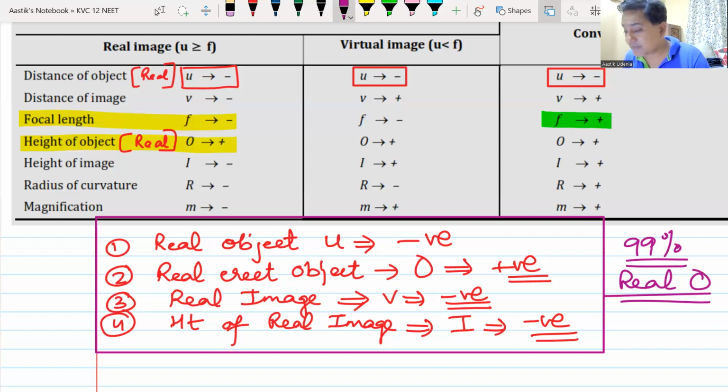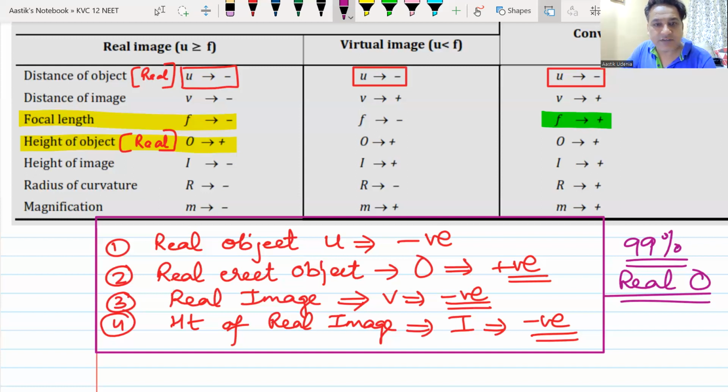And I've given you a homework to find out how and in what cases we will get virtual objects. And I might give you one more thing as homework. I guess you must be knowing it from your previous experiences.